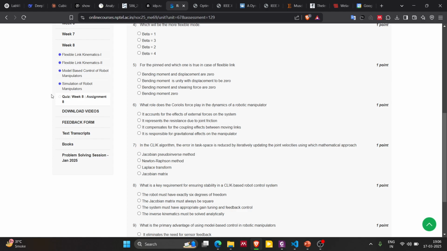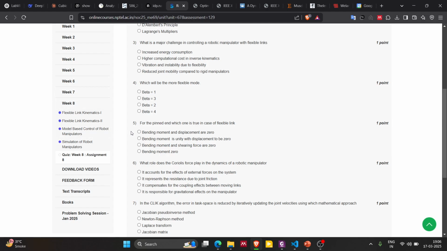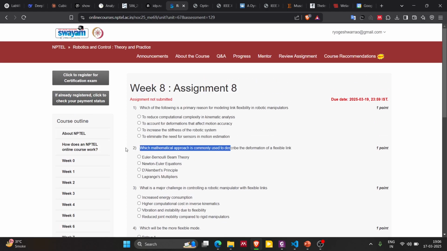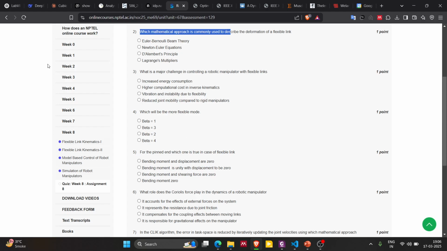The professor taught the same thing which I think Professor Karana went through in the week 4 lecture, so it's nice to revise the equations. But the novel part of this lecture is the simulation part: how to simulate, what the block diagrams are, what the control strategies are, and how they are implemented.